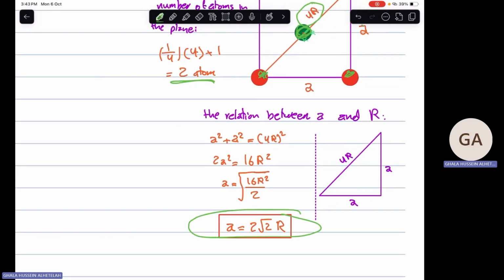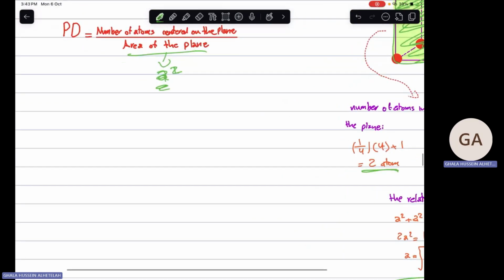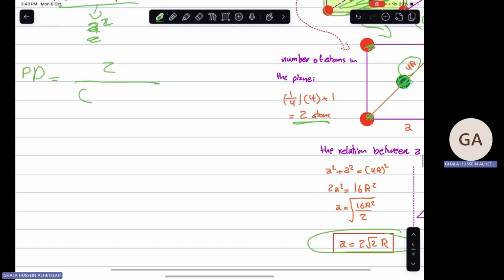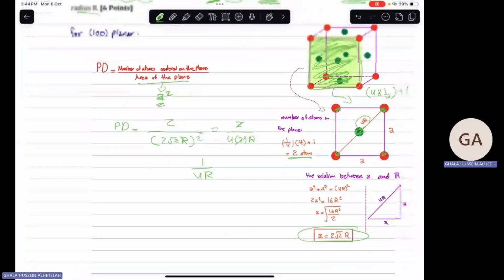We did it many times in this homework, so plugging it in here, you will find that the planar density is equal to 2 over 2 square root of 2 r, all squared. The 2 cancels, giving 1 over 4r squared for this one.